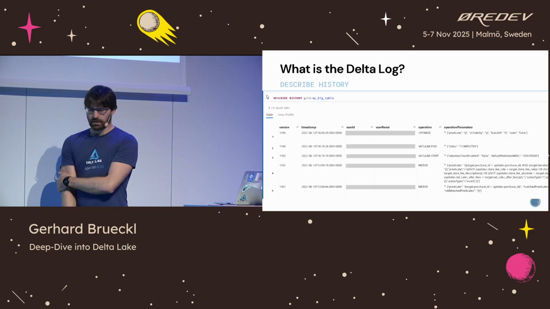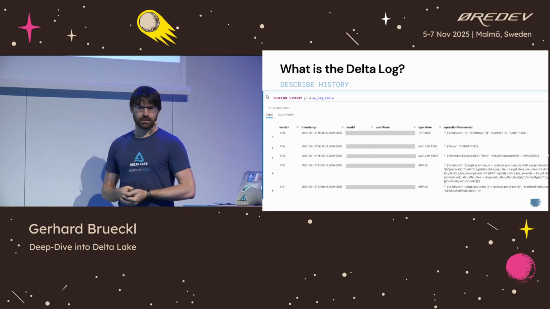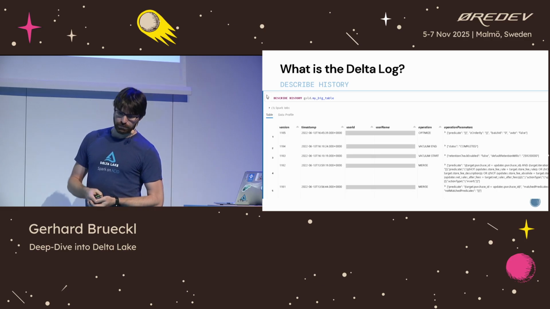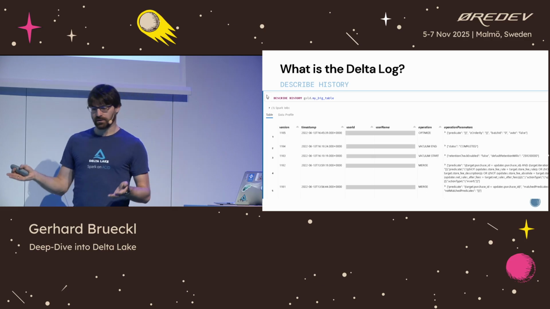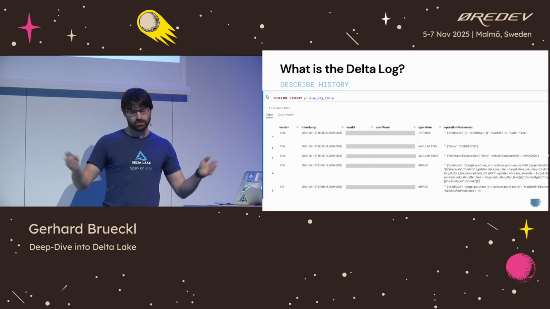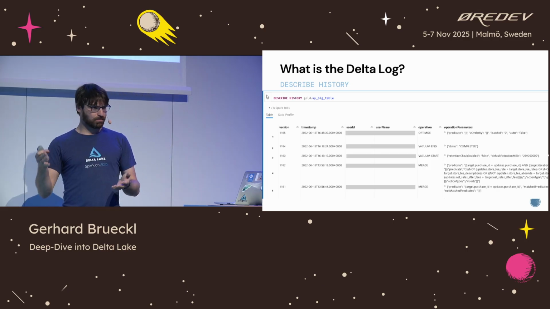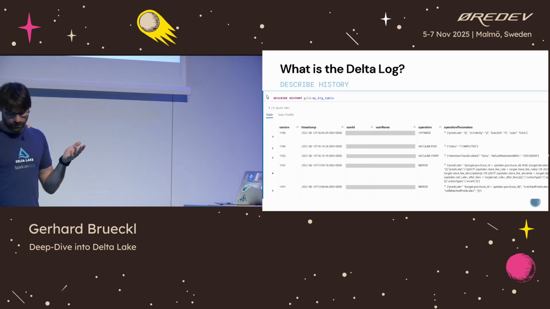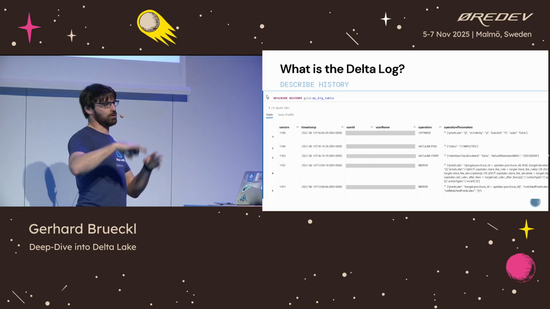So what it looks like in the end, you can also create a data frame or visualize this transaction log in a table. It gives you all the information about the transaction: the version number, the time when the transaction happened, the username that executed the transaction, and the operation, whether it was an insert, an update, a delete, or some maintenance operation like optimize or vacuum, and much more detail about the operation itself, like how many rows have been affected.